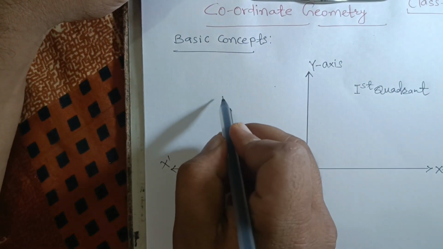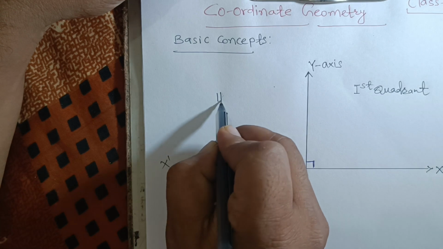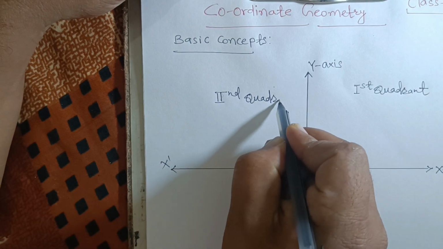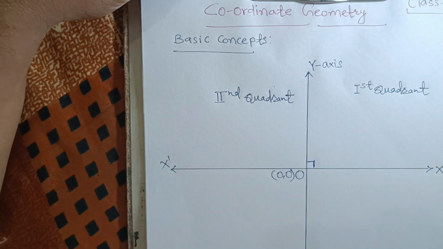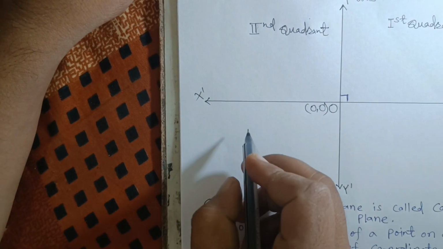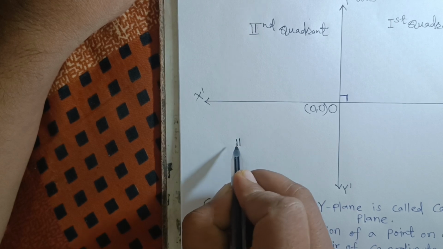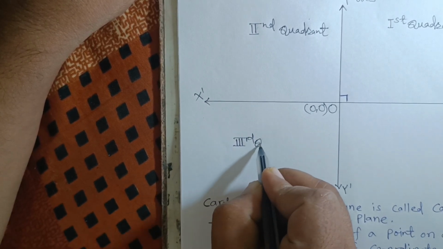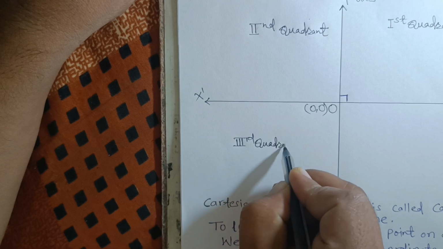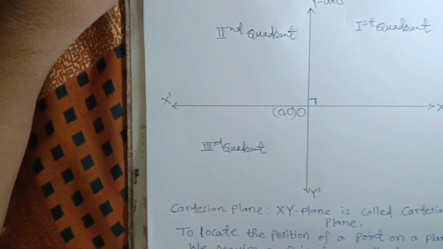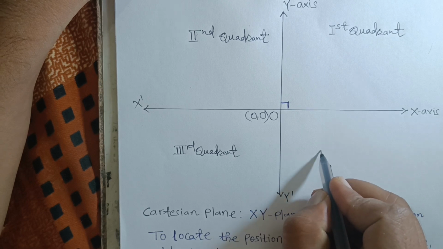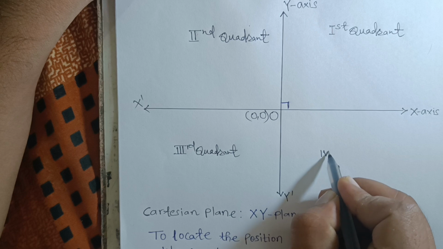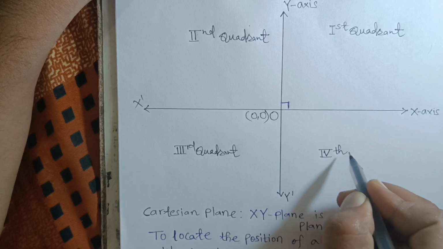X dash y is second quadrant. X dash y dash is third quadrant. And x y dash is fourth quadrant.